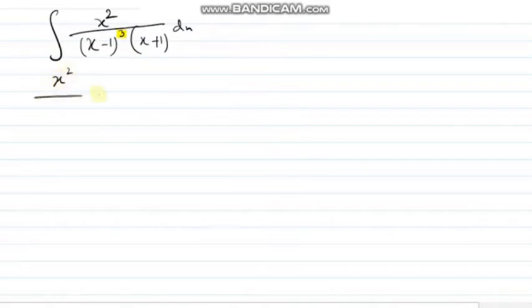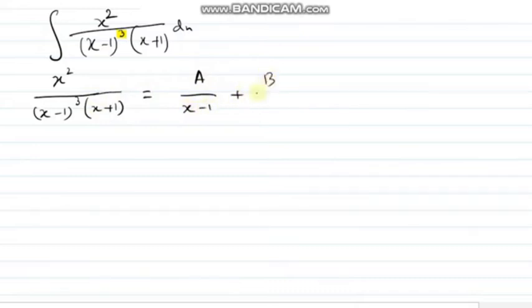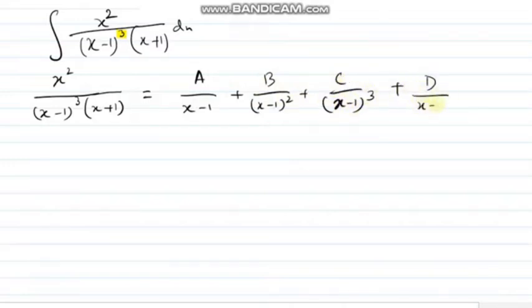So I will write x square divided by (x minus 1) whole cube into (x plus 1) as a divided by (x minus 1) plus b divided by (x minus 1) whole square plus c divided by (x minus 1) whole cube plus d divided by (x plus 1).